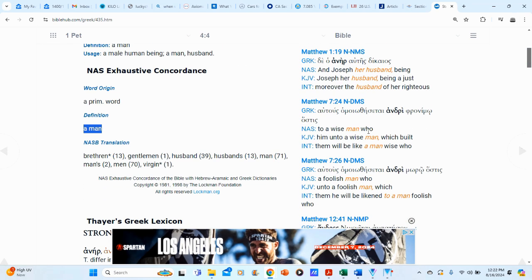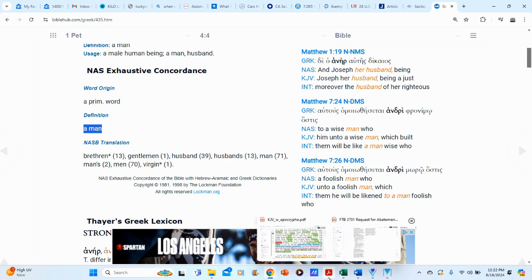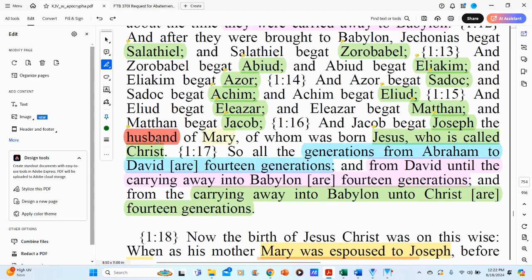This is how we know that that husband that we see right here is a mistranslation, based upon the 14, 14, 14 generations we get in verse 17.